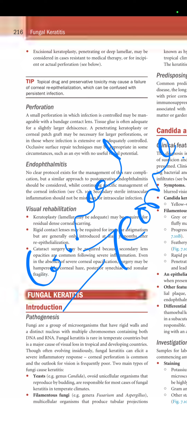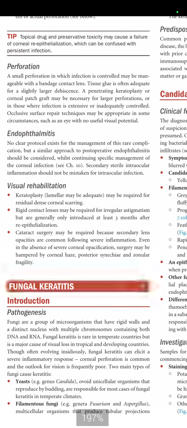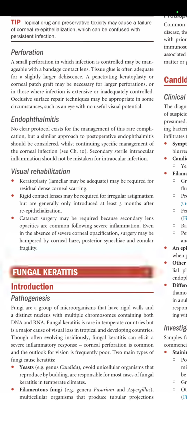There are two main types of fungi causing keratitis. One is yeast and the other is filamentous fungi. Yeast, genus Candida, an ovoid unicellular organism that reproduces by budding, is responsible for most cases of fungal keratitis in temperate climates.